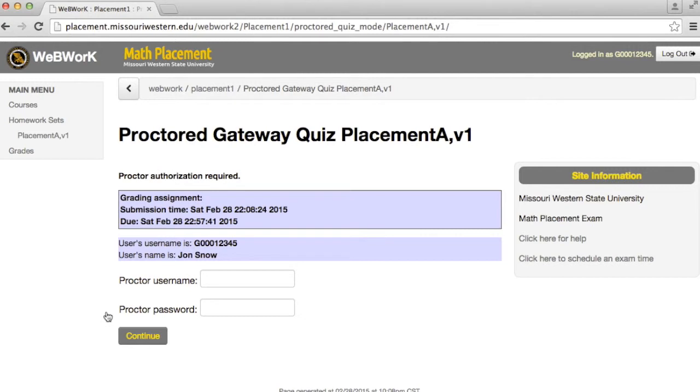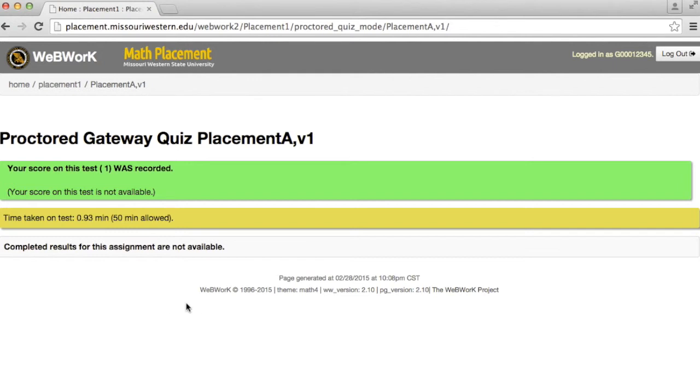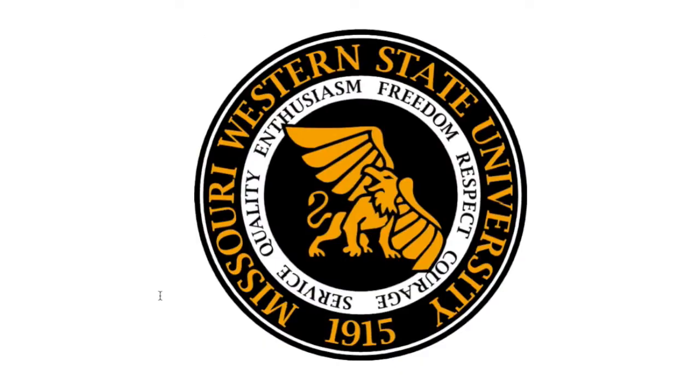Then the proctor will come down and type in the proctor's name and a password. After the proctor closes down your placement exam, within about 20 minutes you will be sent an email, and in that email you will be given your results and also the options available from your results that you received.